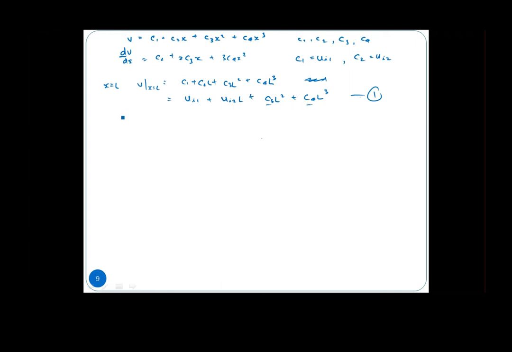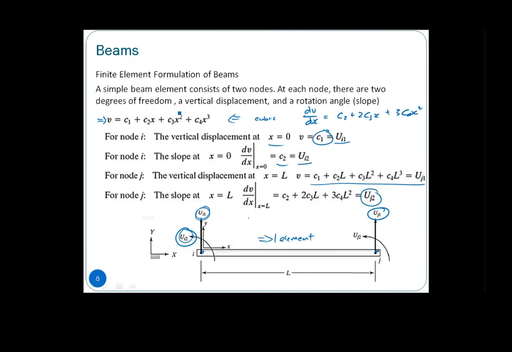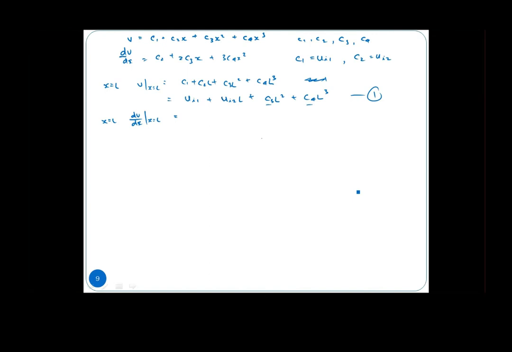So we only need two equations. The second one will be x equal to L for dv/dx. We have just now determined it also, right? Our previous equation: c2 plus 2c3L plus 3c4L squared.